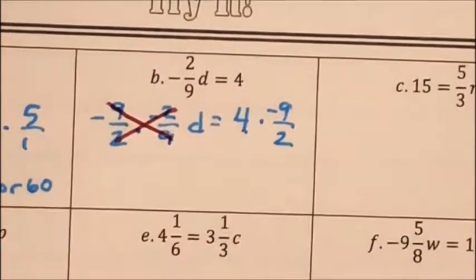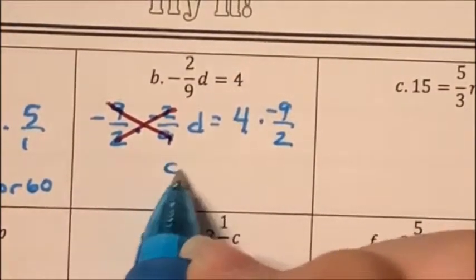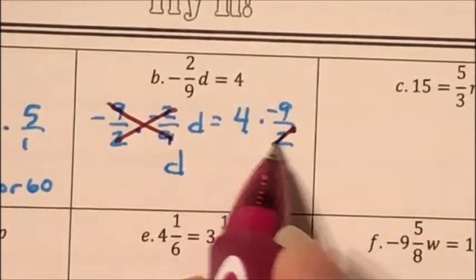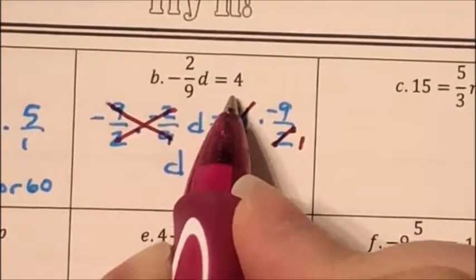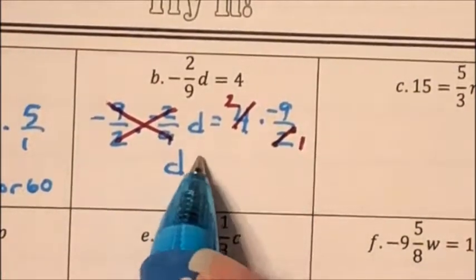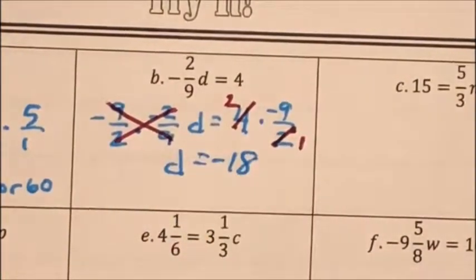These cancel, become 1. I'm left with d. Okay, I can simplify over here. 2 becomes 1. 4 becomes 2. 2 times -9 is -18.